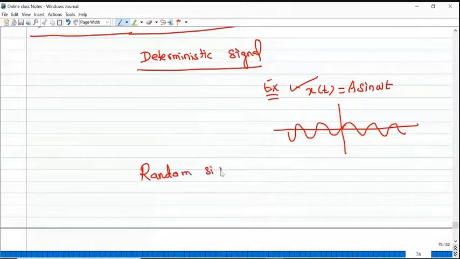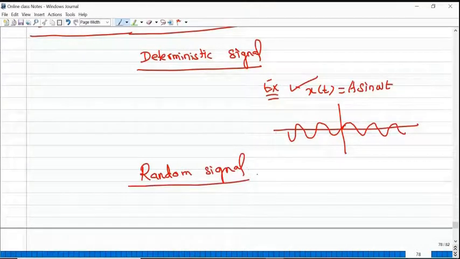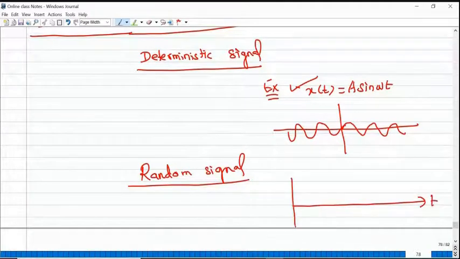Random signal, we cannot represent the random signal by mathematical equations. Usually, the noise signals in a communication system are an example of random signals. Okay, I'll give you some example. Suppose the signal is like this.